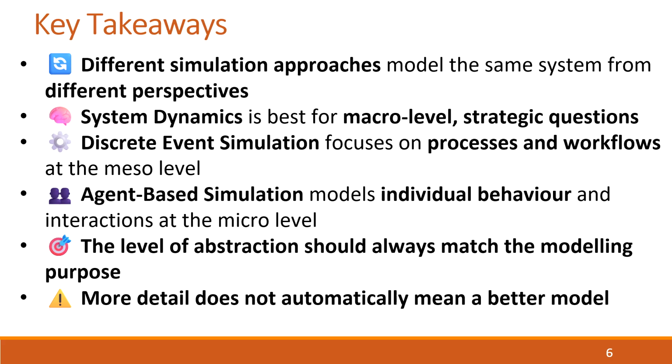And finally, agent-based simulation allows us to model individual behavior and interactions at the microscopic level. The key principle is that the level of abstraction must always match the modeling purpose. As we have already discussed, the modeling purpose, or modeling goal, plays a very important role when you need to decide which approach you would select to develop the model.